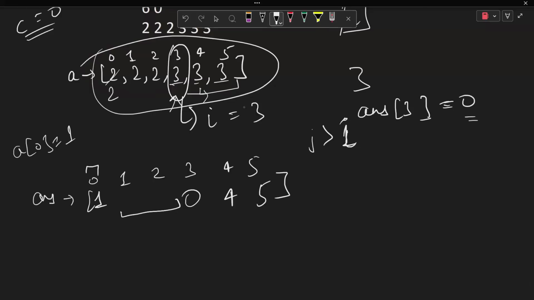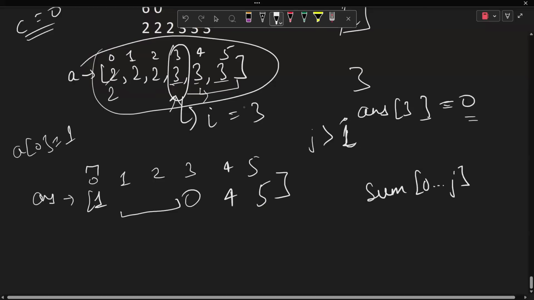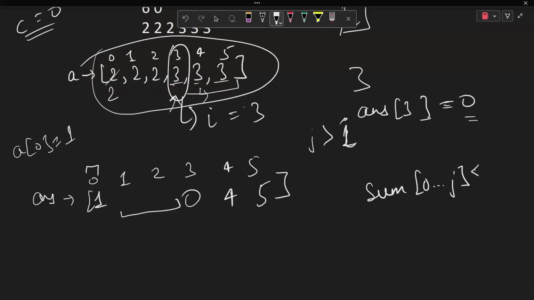Now for these remaining places, we'll check one thing. If the sum from 0 up to j is greater than or equal to mx, what is our mx?